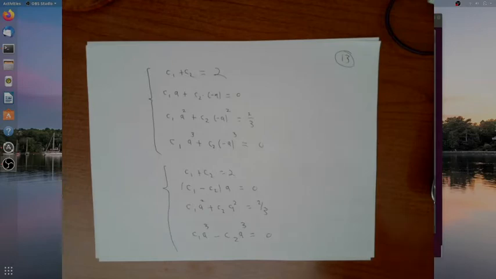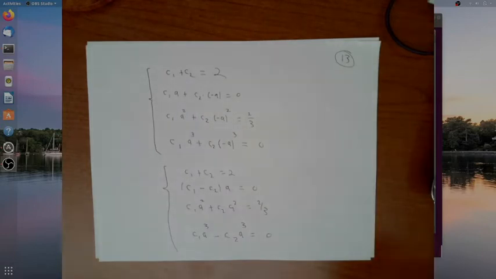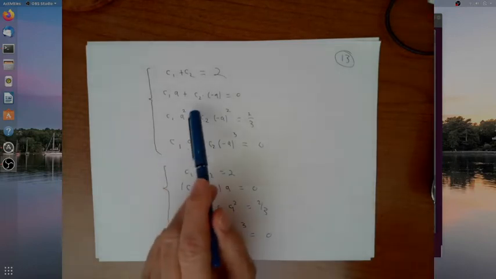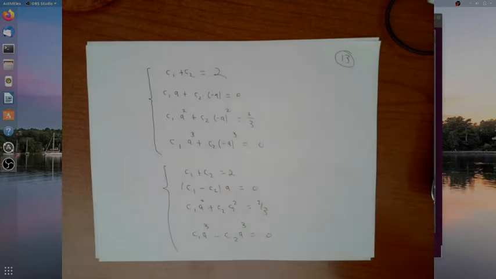If I put my assumption into the equations, the first equation didn't have R1 or R2, so it's still C1 plus C2 is 2. The second, though, is C1A plus C2 times negative A equals 0.